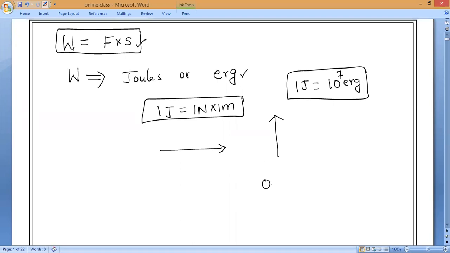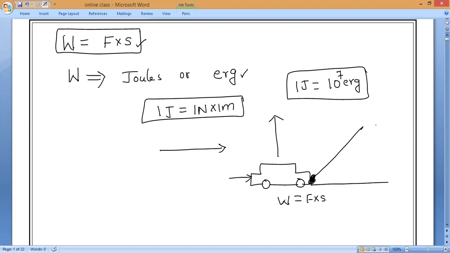For example, if this is a toy car, and the force is applied in this direction along the displacement, we say work done W is equal to force into displacement. But a boy pulling a toy car, is it possible to apply the force horizontally to the surface every time, everybody? No, he cannot apply the force horizontally.